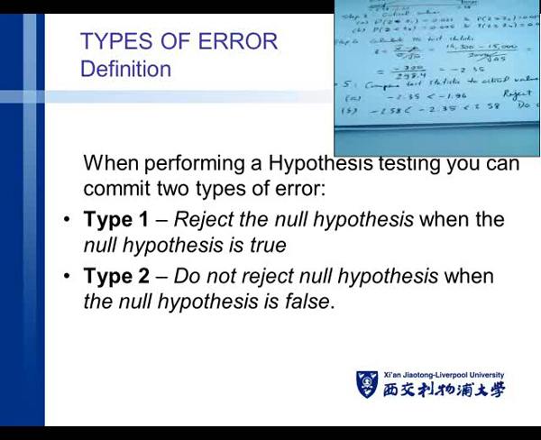So this type 1 error is actually also the significance level, alpha. That is, this will be the probability of making a type 1 error. And the type 2 error is usually called beta.